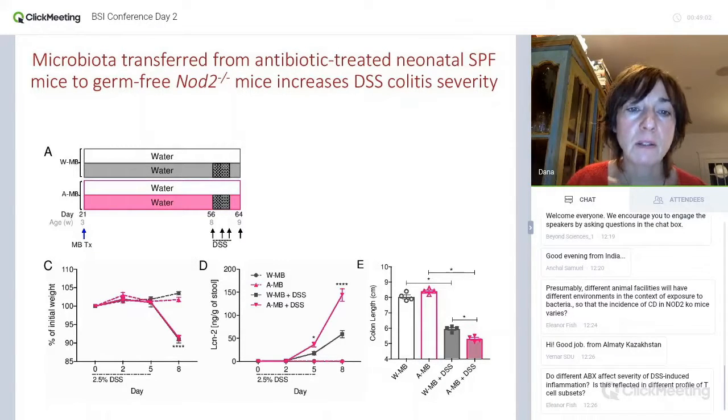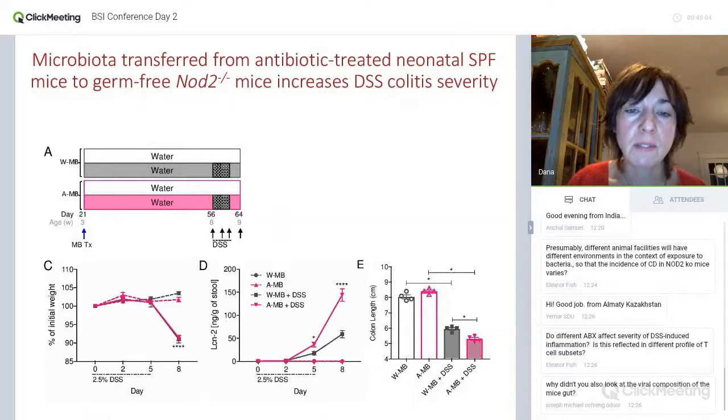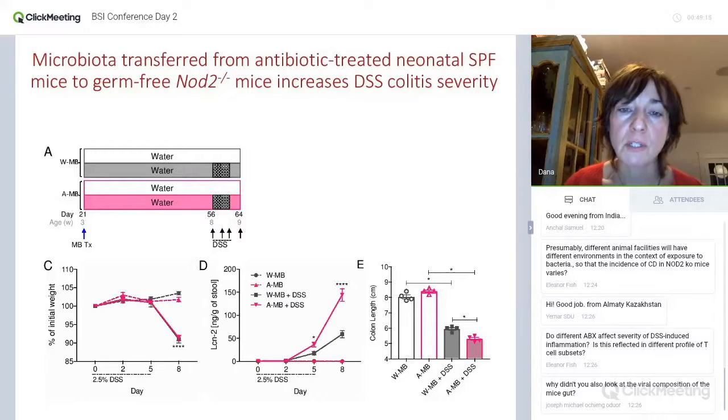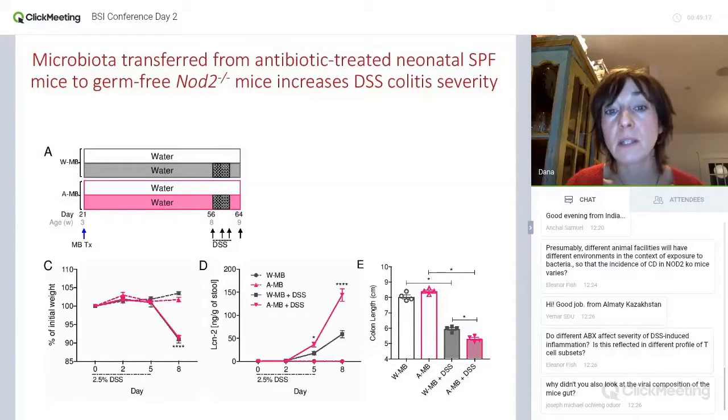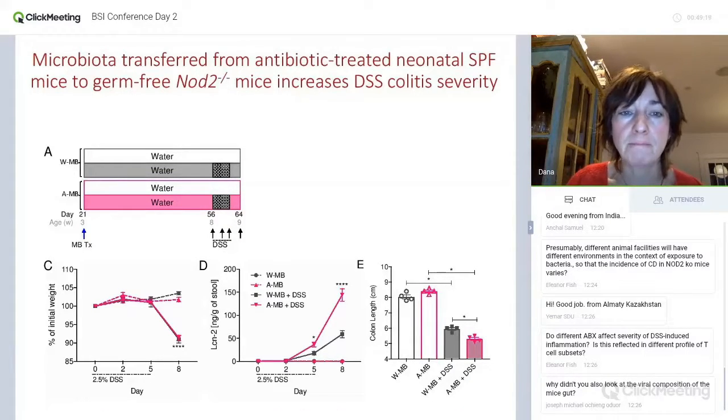So the mice lost more weight. The mice that received this antibiotic-treated microbiota, shown here in pink, had more severe lipocalin levels, so more inflammation in the gut, and their colon was also shortened, which is another indicator of inflammation within the intestine.